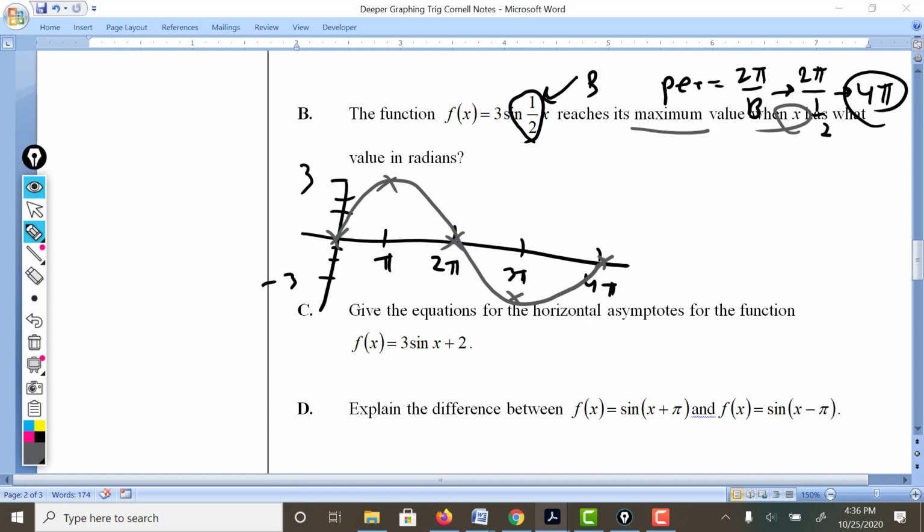Unless you forgot, the unit circle is made up of coordinates, and this graph is also made of coordinates. So when the max happens right here at 3, that's the y value. What is the x value going to be?